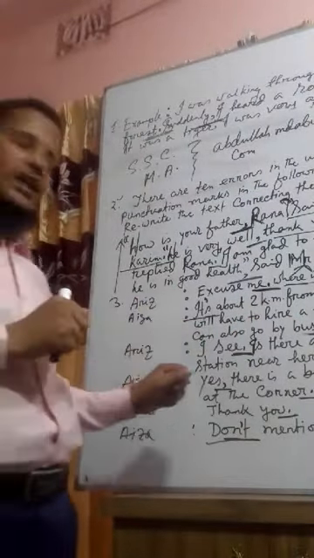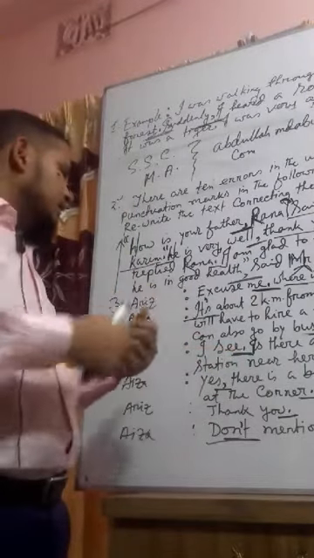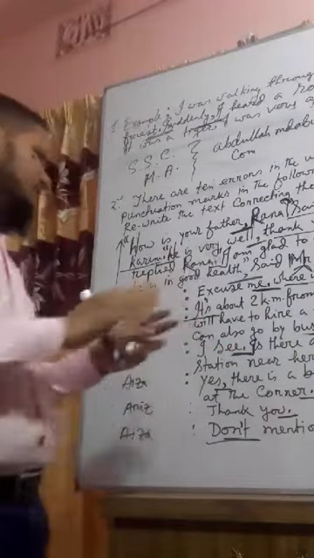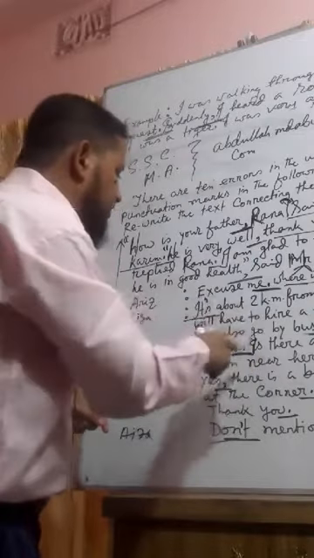Whenever by using I see you complete the sentence, then you can use a full stop. Whenever you see that I see doesn't complete the sentence, then you can use a comma here. So you can use a full stop here, or you can also use a comma here. Whenever you use a comma here, you don't change the letter into capitalization.